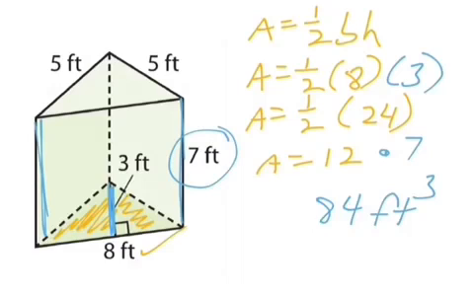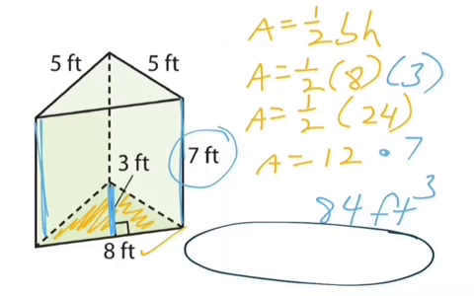I know I wrote an area formula, but the real formula for finding the volume of a triangular prism, and I'll write it inside this circle for you, is that volume is going to equal base times height. It won't show up on your formula chart, but really it is base times height. You find the area of the base.